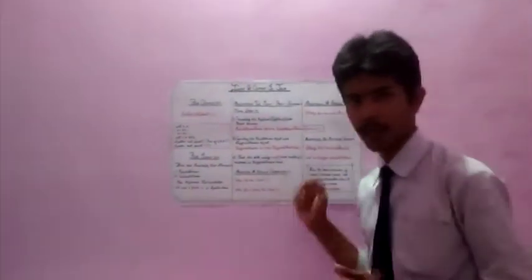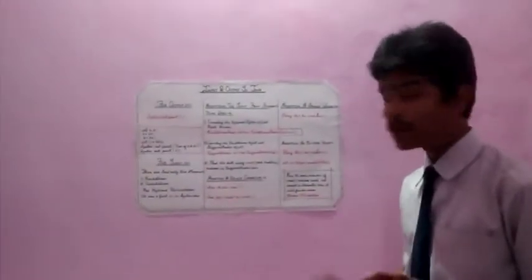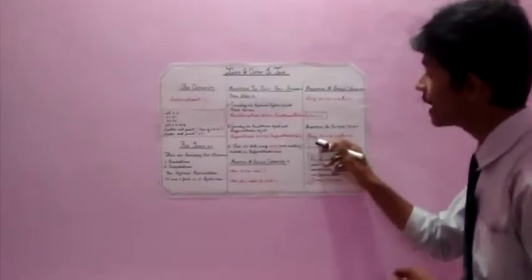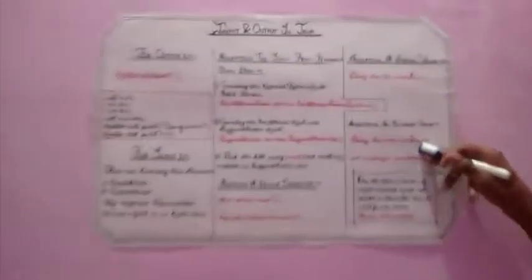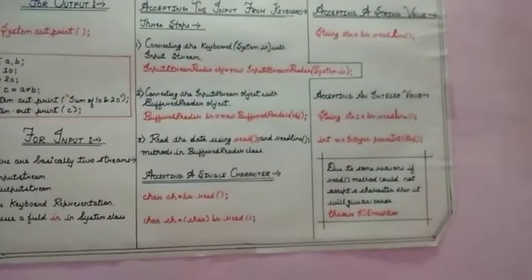Now accepting an integer value from the keyboard. Accepting an integer value includes some different steps. First we have to take the input, or the number, as a string value. For this I have written String str1 equals br.readLine. This statement will read the number as a string value.